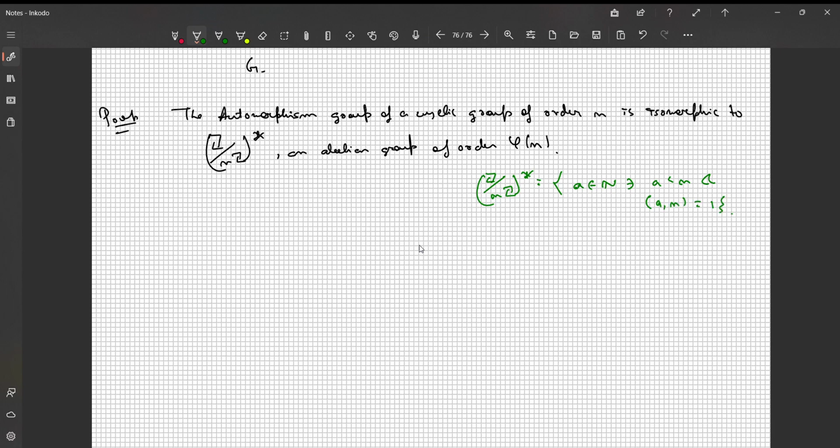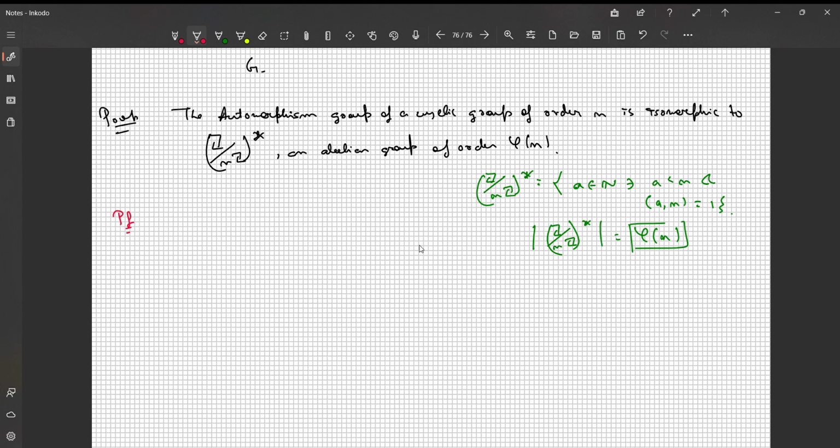So this is pretty trivially noticed, the order of such a group must be phi of n, because it determines the number of elements co-prime to n. Okay. So let's prove this. Proof.